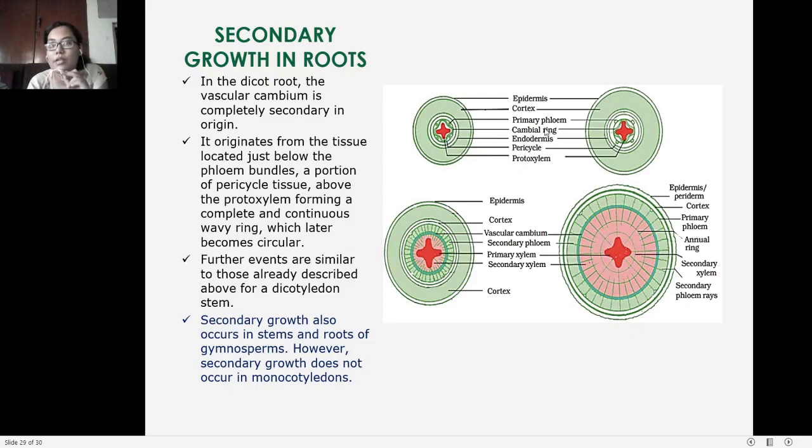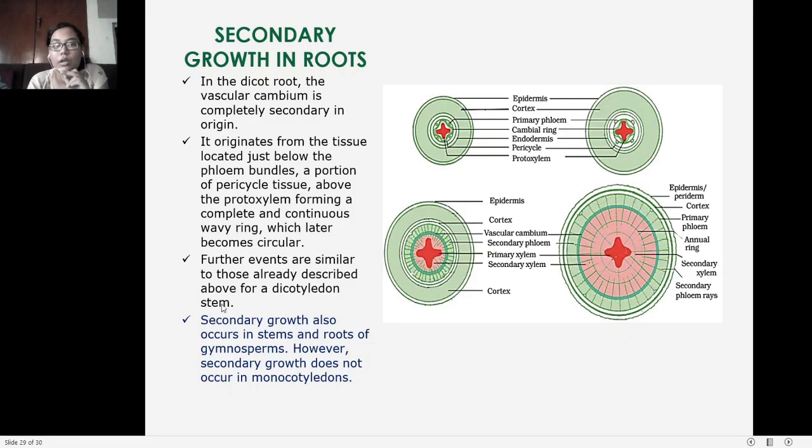See, this is the cambial ring. As you can see in the picture, the cambial ring is formed just below the phloem bundles but above the protoxylem. The rest of the things that occur are similar to what we have studied earlier in the stem.